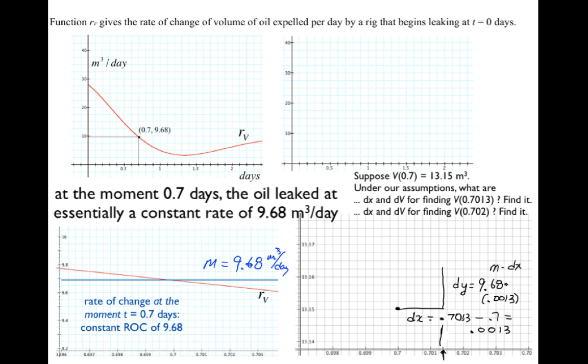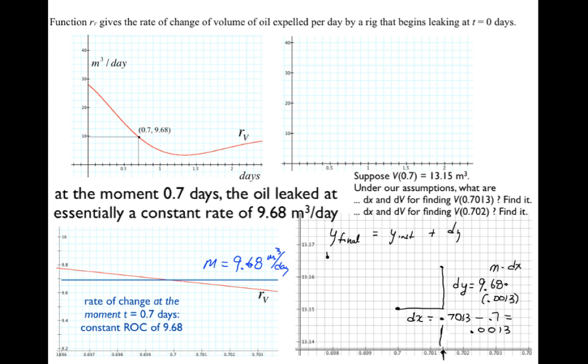So when time goes by a little bit, 0.0013 days, the amount of oil goes up. And if it's going up at a constant rate, we can use our constant rate, 9.68 times the change in x. And so then we have our last important principle, which is that y final equals y initial plus change in y.